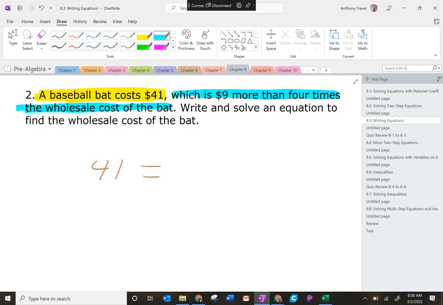So what's it gonna look like? 9 plus 4 times b. What? So you switch your signs around.